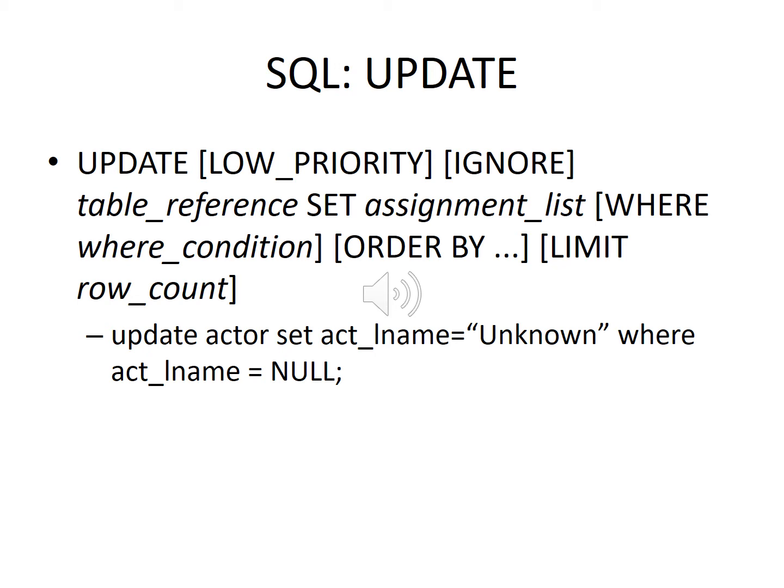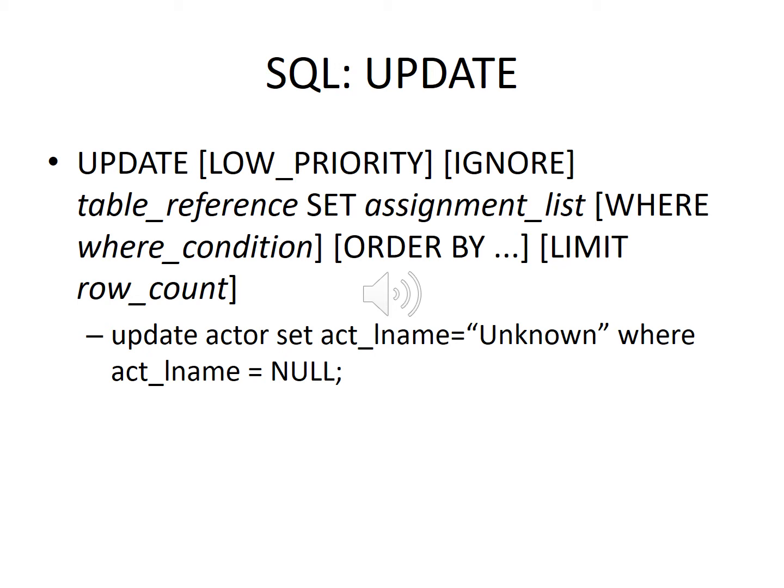So we would use the keyword update. There are a couple of options that you can also add, but we'll ignore them for now. You will use update, the table name, then the keyword set, and then you indicate what exactly you want to update. In this case, we're updating the actor's last name to unknown.